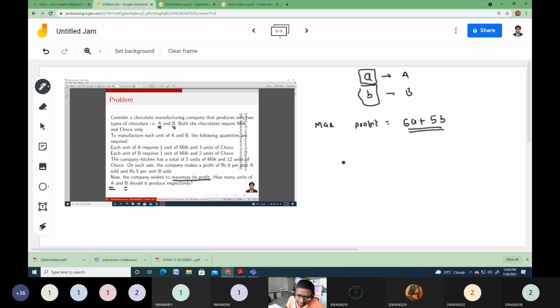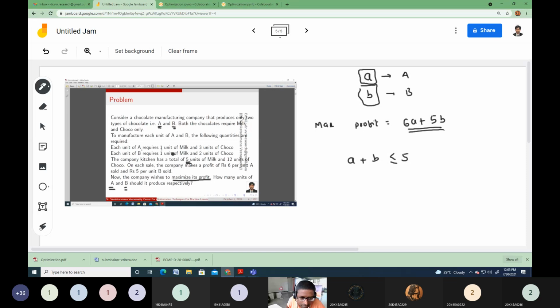Coming to the constraints. For 1 unit of A, you require 1 unit of milk, and for 1 unit of B, you require 1 unit of milk. So for A units of A chocolate, how many units of milk do you require? A units of milk, plus B units of milk for the B type chocolate. That must be less than or equal to the total number of units available for milk, which is 5.